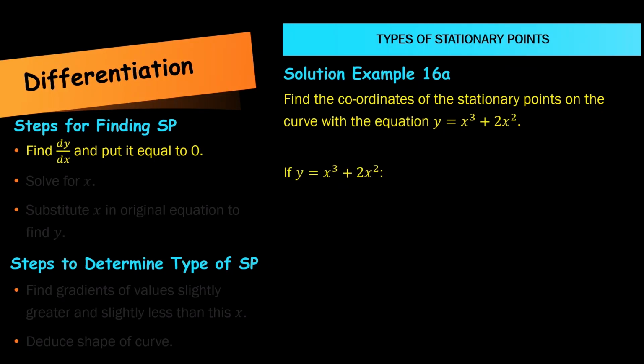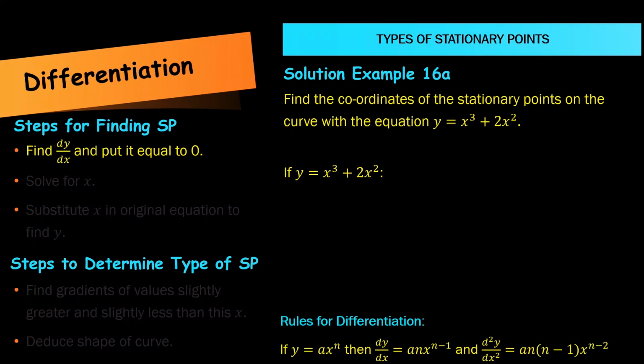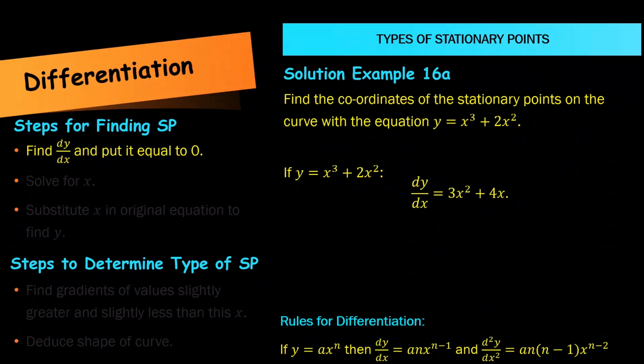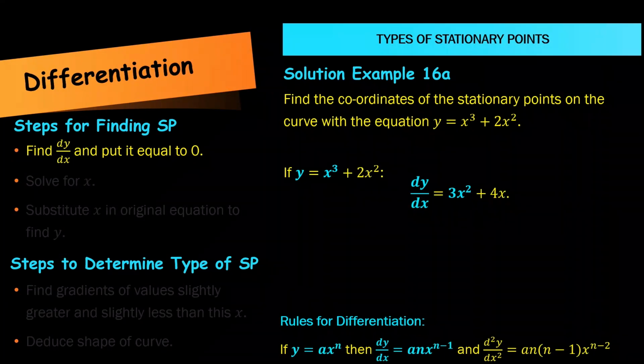Recall the rules for differentiation. Hence, dy dx is equal to 3x squared, applying dy dx equals a n times x to the power n minus 1, plus 4x, again applying the same formula.